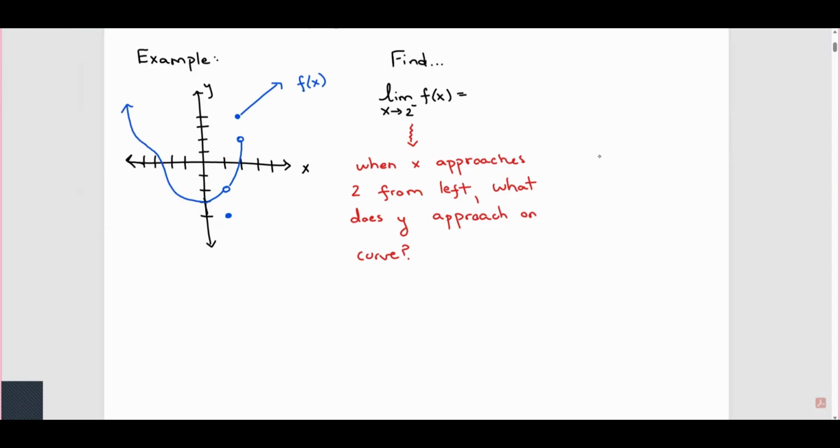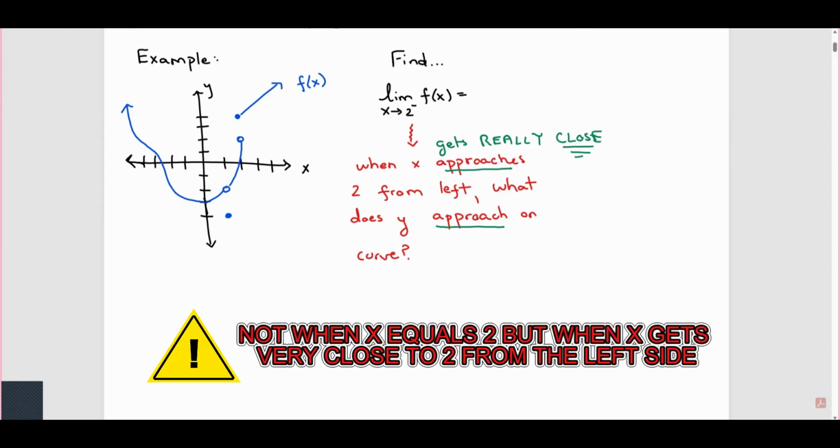We need to emphasize one more thing, which is that we say x approaches 2 from the left, and what does y approach? We need to be careful with this word approaches. It means when x gets really close to 2. So we have to be careful. I'm not actually asking what happens when x is equal to 2.